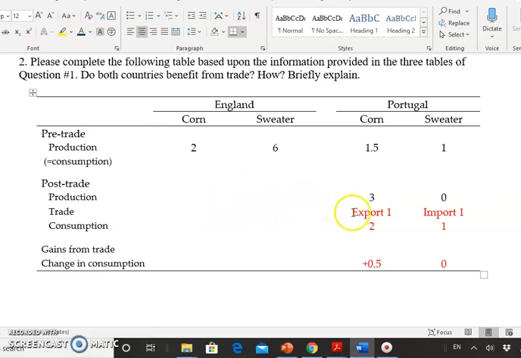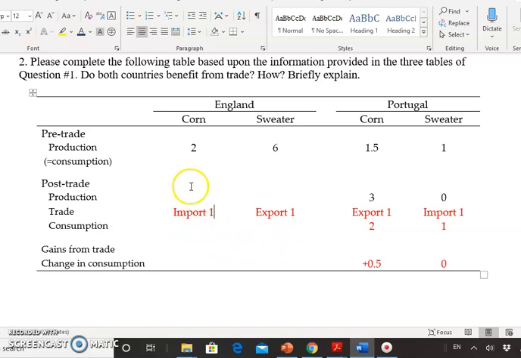But we also know, from the Portuguese case, that Portugal imports 1 sweater from England. That means England exports 1, because imports and exports have to correspond and match with each other. Portugal imports this 1 sweater from England, so England exports 1. And the same thing here: Portugal exports 1 corn to England, so England imports 1 corn, right?